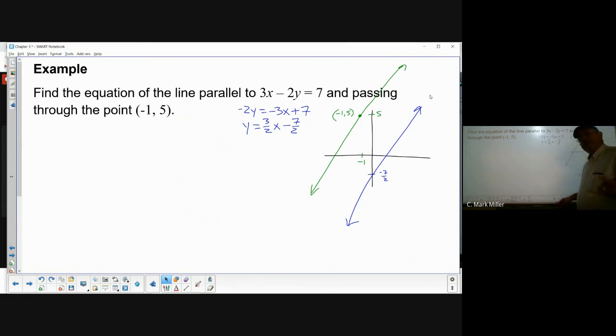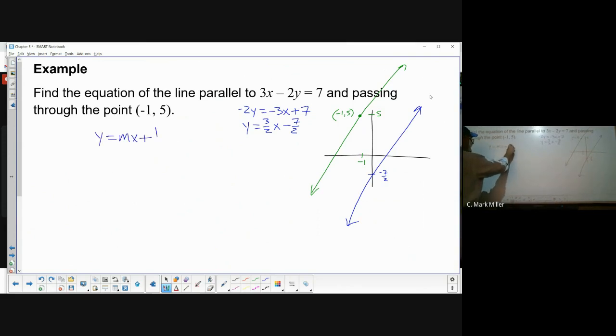So I can do what I did the last slide. Y equals mx plus b. M is 3/2. B is what I'm looking for, and I use this point right here.